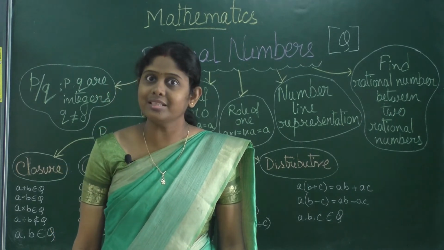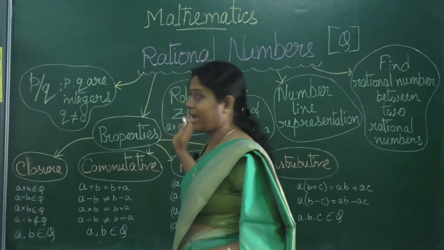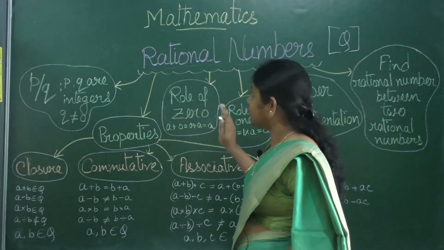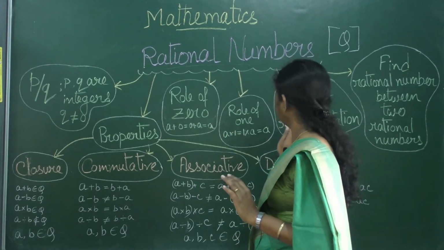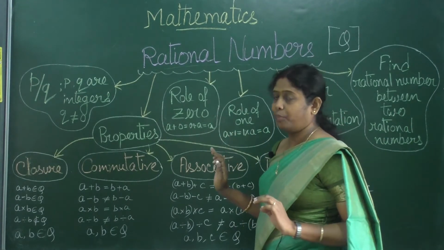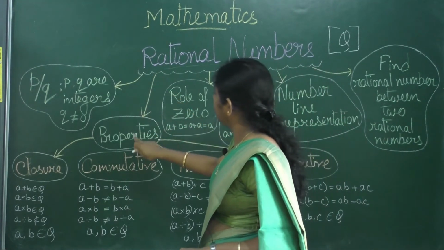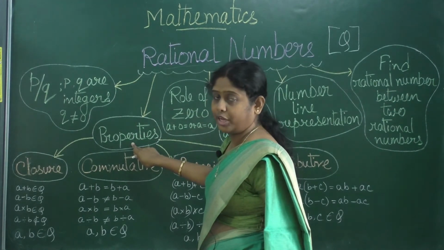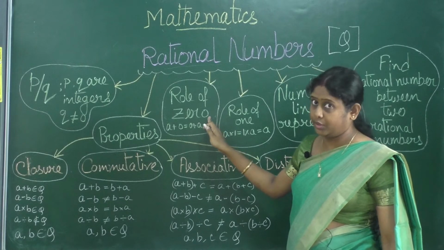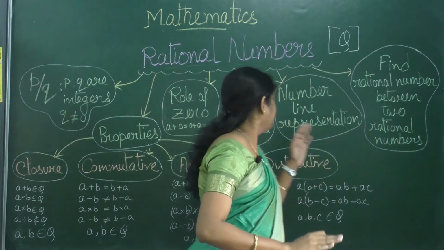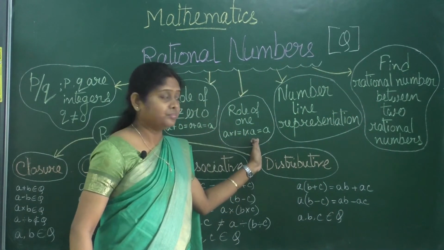Let us start the class and look at the mind map first. In this chapter we are going to learn a total of 5 topics. First we will learn about properties of rational numbers. Then the role of 0, then the role of 1.